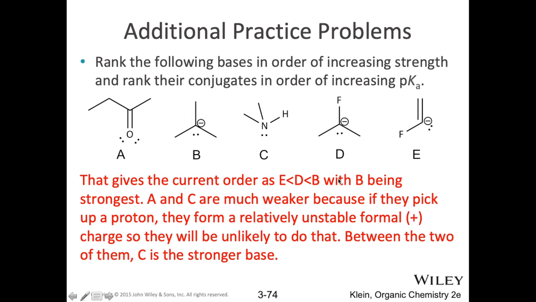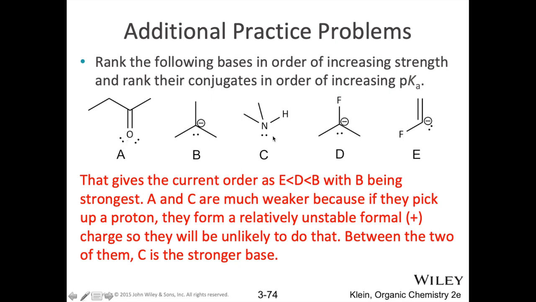Now let's look at A versus C. Which one is going to be a stronger base? If you protonate A, if you put a proton on your oxygen, it will form a positive formal charge on that oxygen. Likewise, if you put a positive formal charge on that nitrogen by protonating it, you turn it into an ammonium ion, which is relatively stable compared to your formerly positive oxygen.